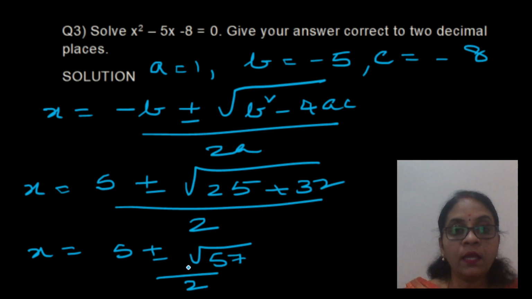Now children, for root 57 you need not go by the long division method that you have learnt in standard 7. In your exam you will be given a book called the logarithmic table book, the Clark's logarithmic table book. Using that you can easily find the square roots of any given number.